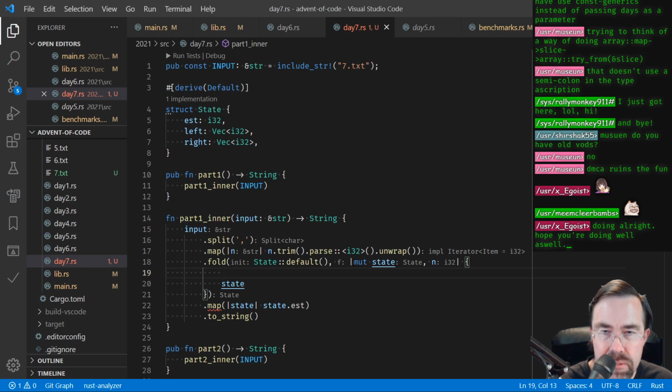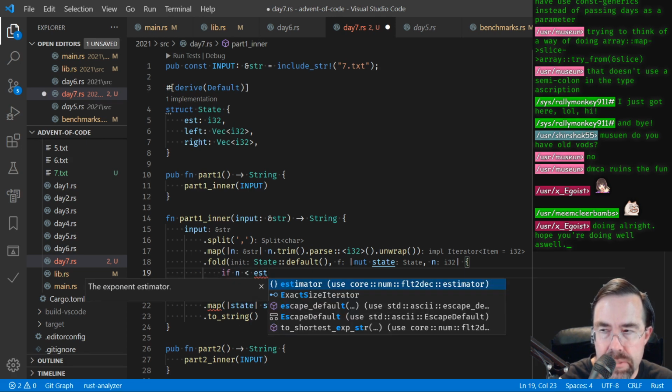Actually, it doesn't matter, so I can ignore the special case of left and right both being empty. We want to add it to whichever side of the estimate it's on. So if n is less than the estimate, what if it's equal? If it's equal, we know we don't need to move at all.